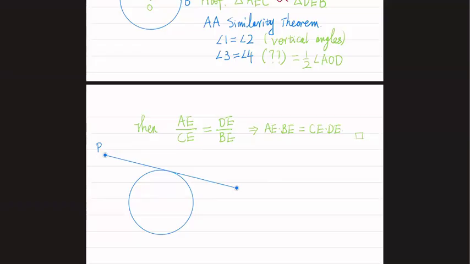Draw another line. Okay, now we can see the difference. This one has only one tangent point. This one has 2 points.